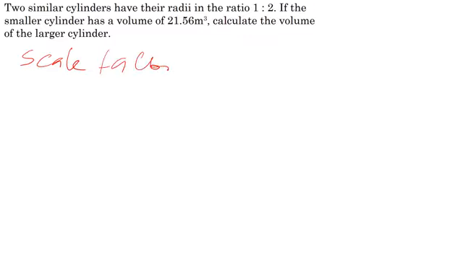We can say the scale factor of this one is equal to 1 to 2. If the smallest cylinder has that volume, calculate the volume of the larger cylinder. It's obvious the larger cylinder has got a larger figure. The smaller cylinder has got a smaller figure. So that's that.